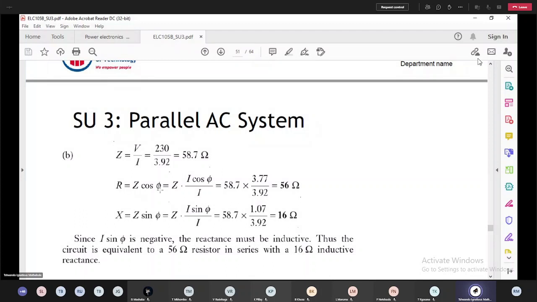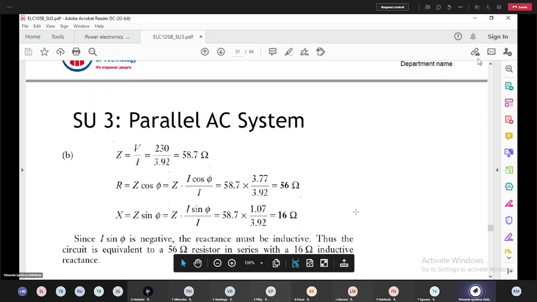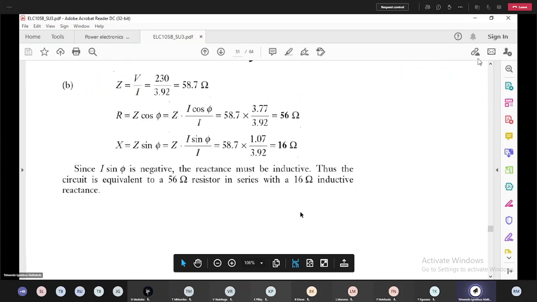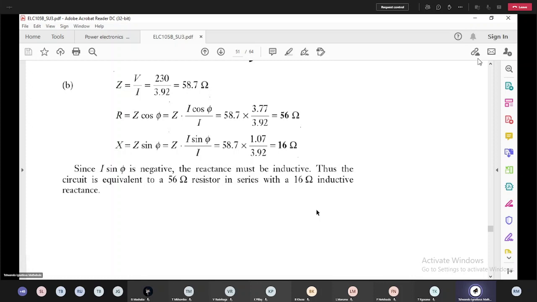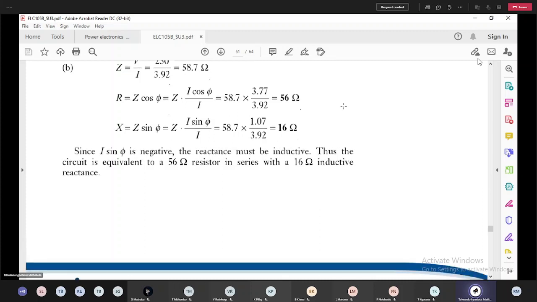This is just the normal phase shift you would have between the voltage and the total current, and therefore it will give you 56 ohms, and the total reactance of the circuit would give you 16 ohms. Since I sine theta is negative, the reactance must be inductive. Thus, the circuit is equivalent to a 56 ohm resistor in series with a 16 ohm inductive reactance.